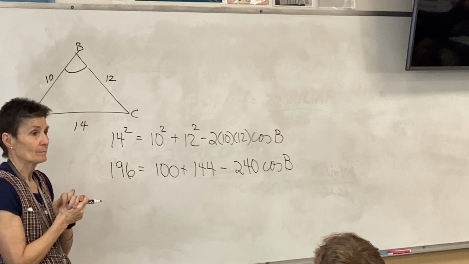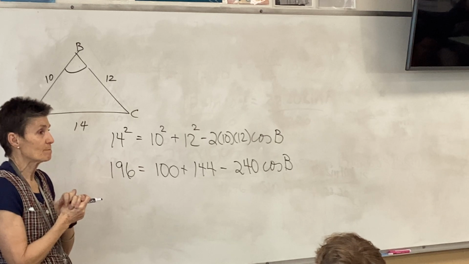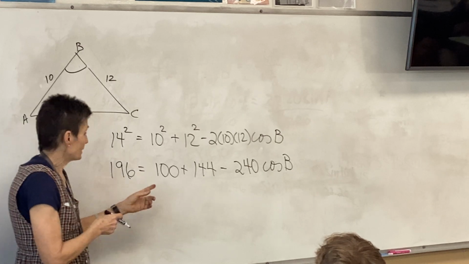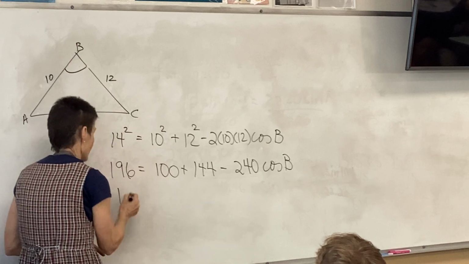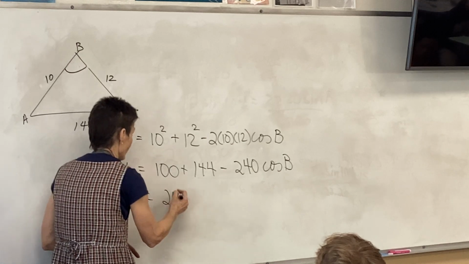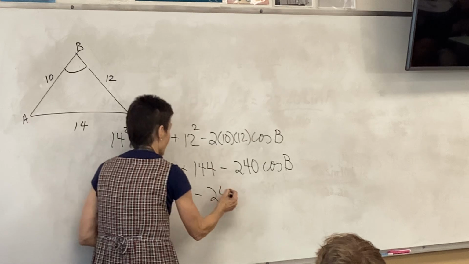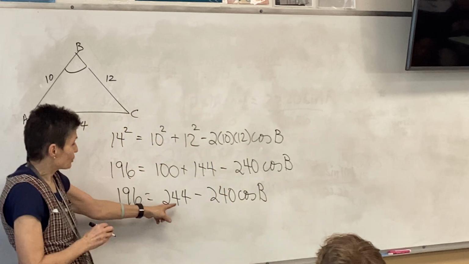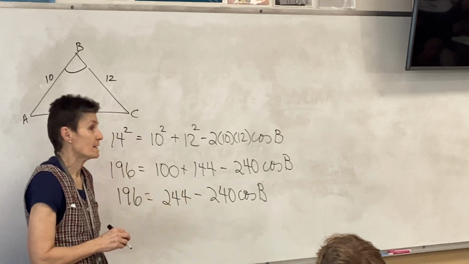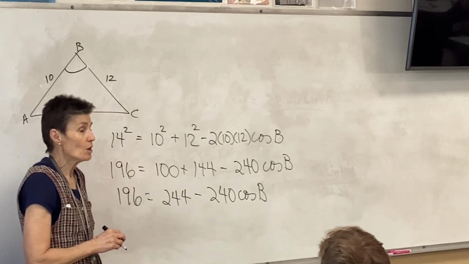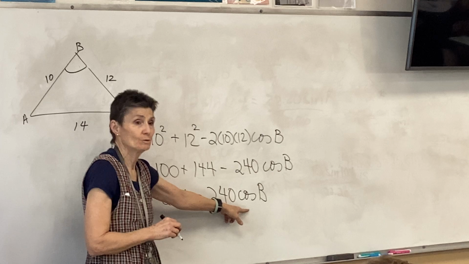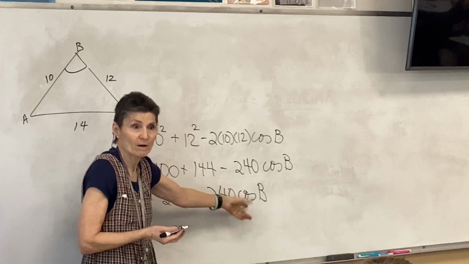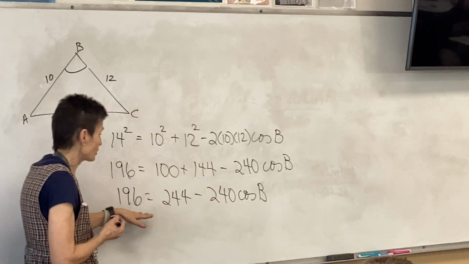Now I'll tell you a mistake that's made all the time. Kids will add 100 and 144. There's nothing wrong with that. That'd be 244. But then they subtract 244 minus 240. Can you do that? No, because that one's hooked to an x. That's your variable, right?